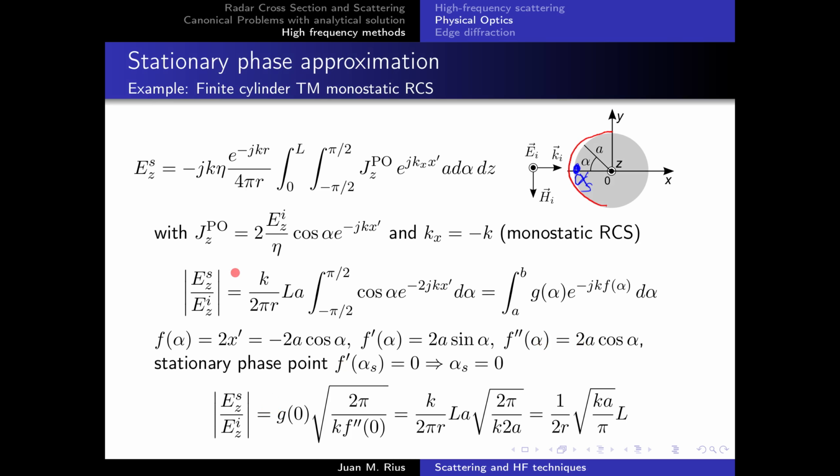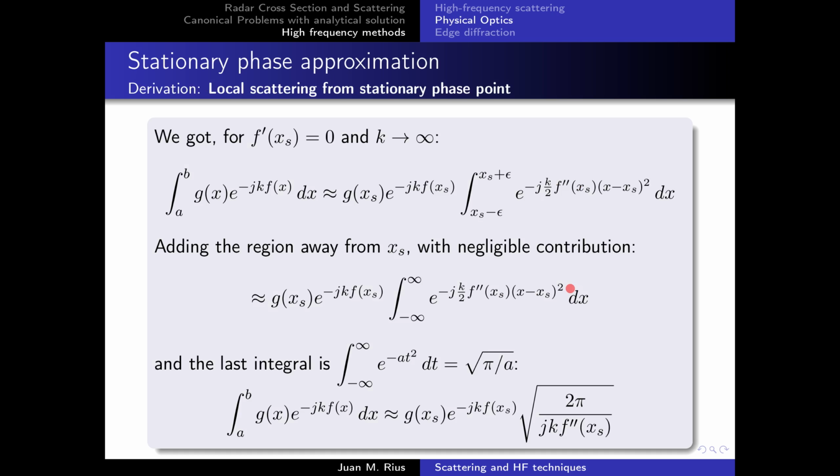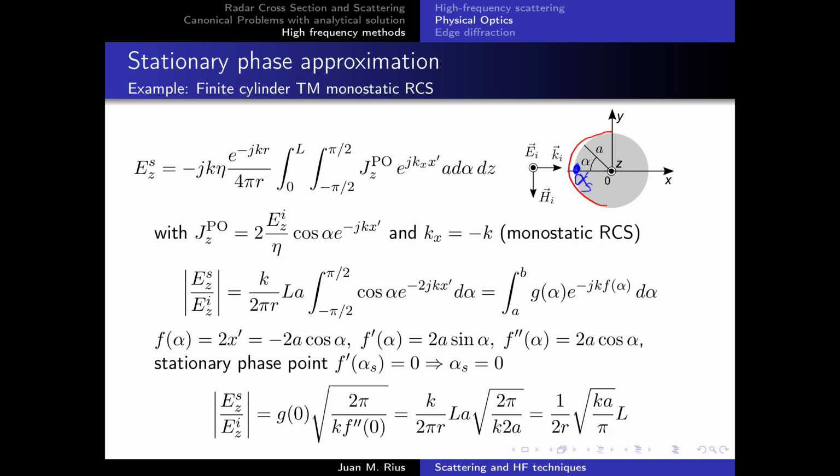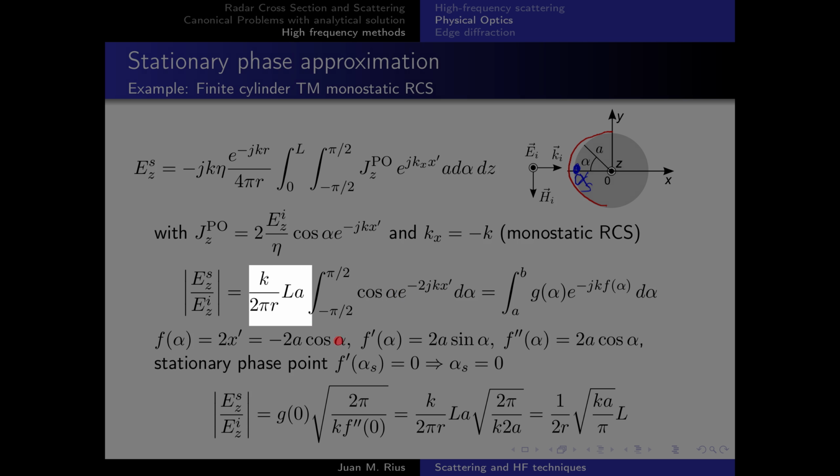So we compute the scattered field using the stationary phase formula that we obtained in the slide before. g at 0, where g is the cosine of alpha, is essentially 1, times all the constants.